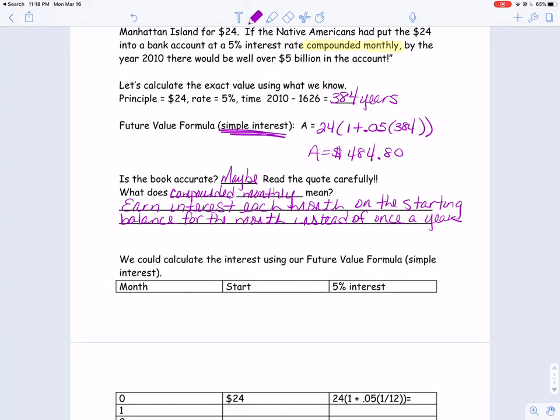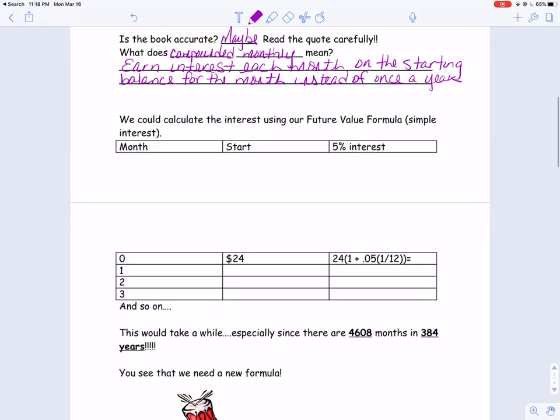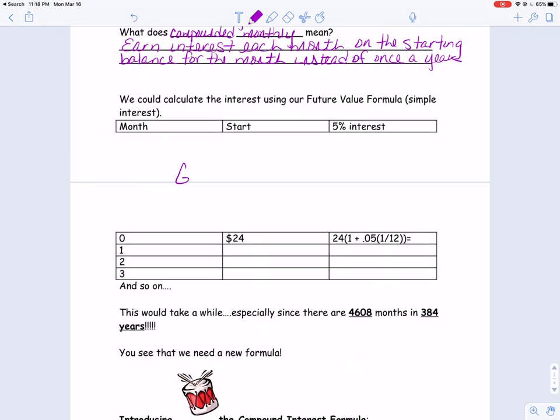Okay, so we're earning interest every single month. Watch this. I'm going to show you why we did the simple interest formula. So go back to simple interest. The future value, the starting value, the rate as a decimal, the time in years.